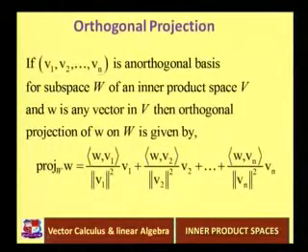I again repeat, if v1, v2, up to vn is an orthogonal basis for subspace W, then the orthogonal projection of w on W is <w, v1> / ||v1||^2 times v1, plus <w, v2> / ||v2||^2 times v2, and so on, plus <w, vn> / ||vn||^2 times vn.